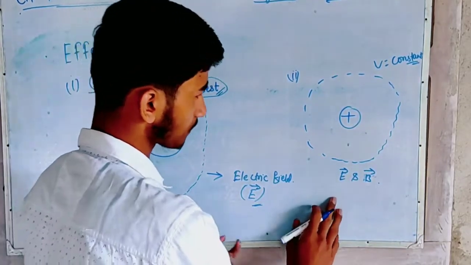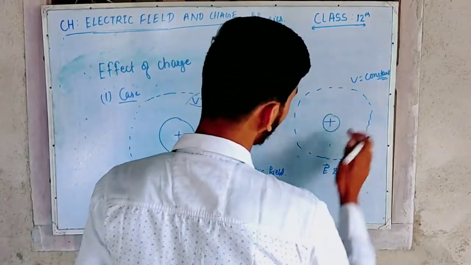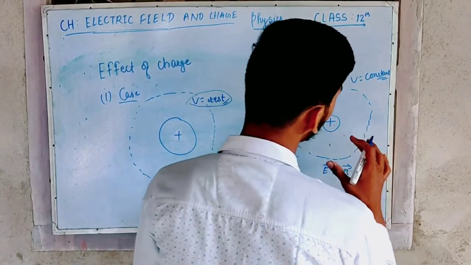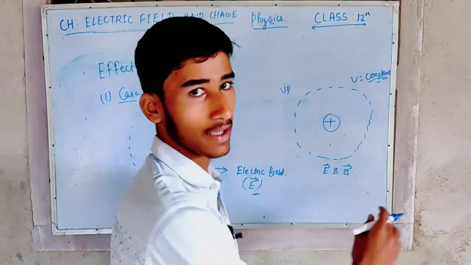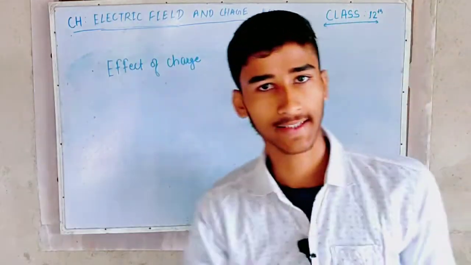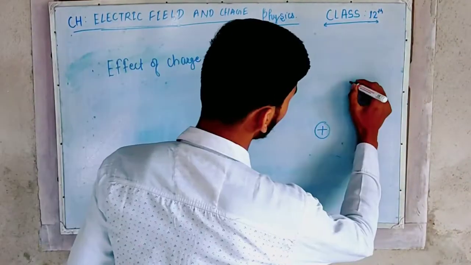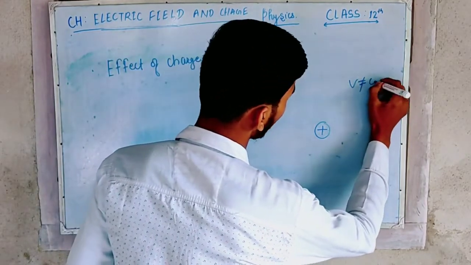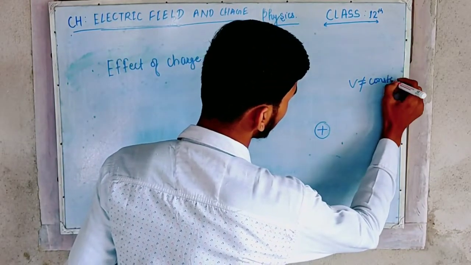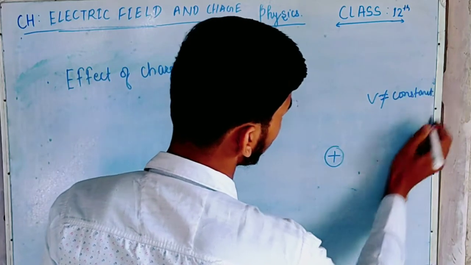So in the second case we have noticed that when it moves at a constant speed, it produces electric field and magnetic field as well, right? And this is the third case. Let's suppose the velocity in the third case is non-constant, right?